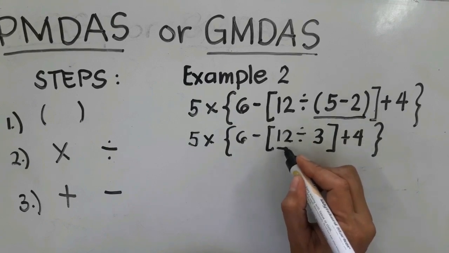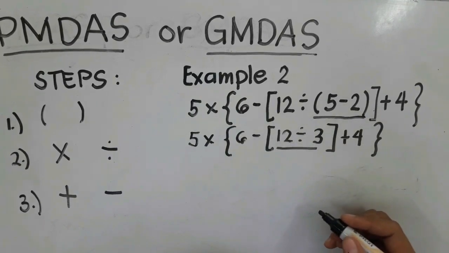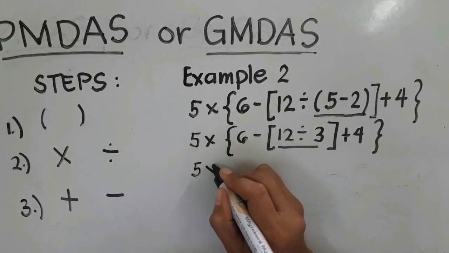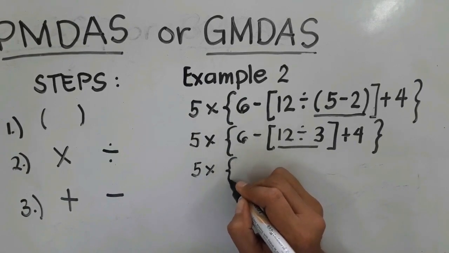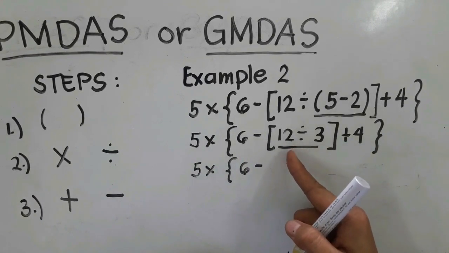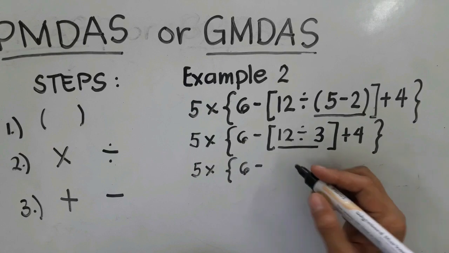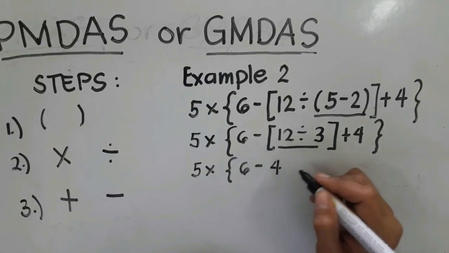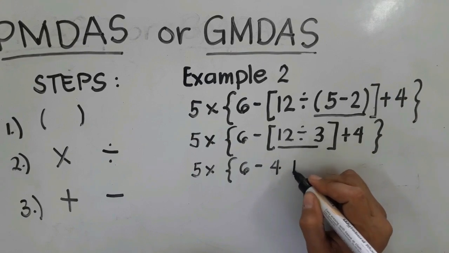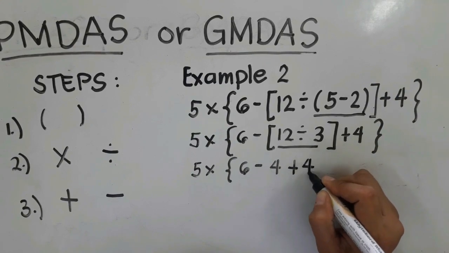So that is 12 divided by 3. Just copy 5 times, you copy this one. 6 minus, solve 12 divided by 3. So that is 4. Then plus 4.